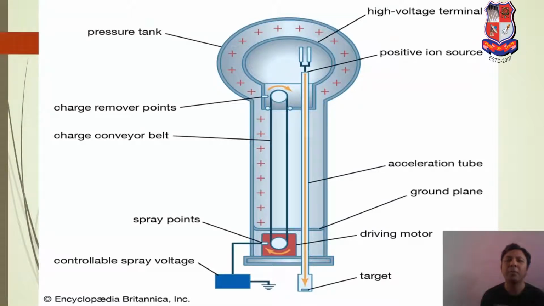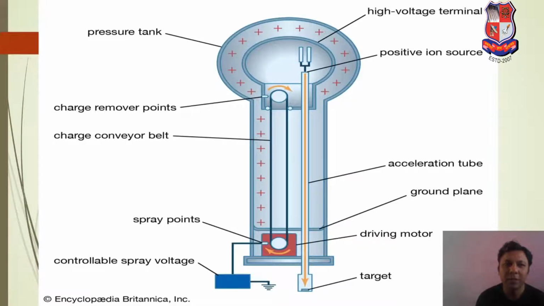These are the main parts of a Van de Graaff generator. I am giving you a simple explanation, because it is a very high level subject; this device is used in the high voltage HVDC subject at degree level.